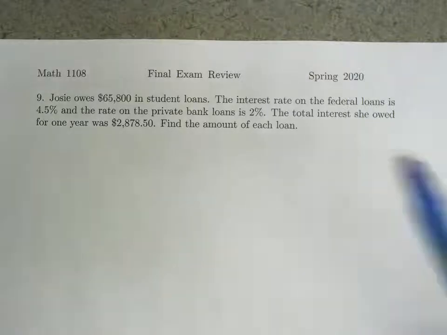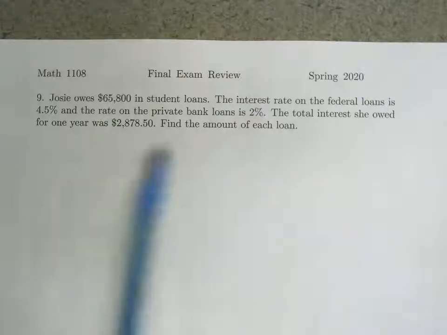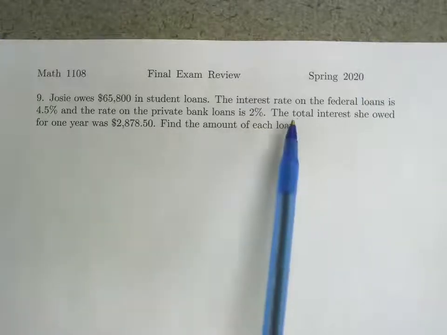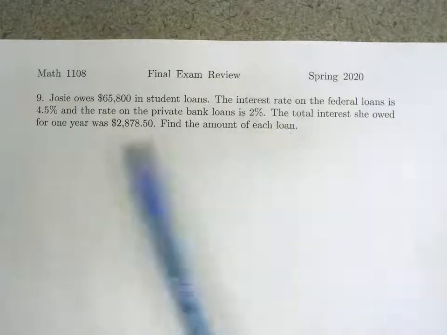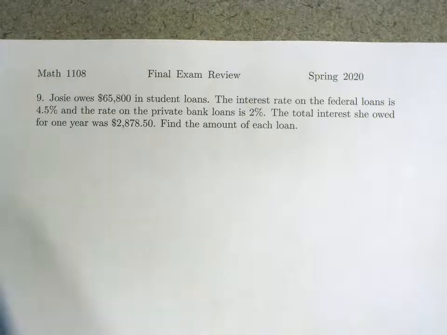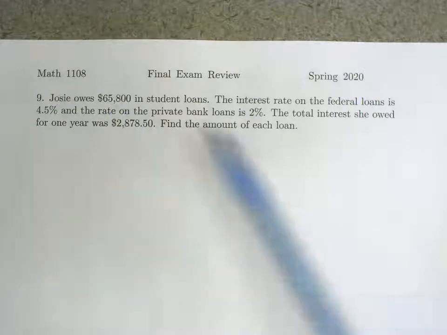Okay, so we'll fill in a few details that are a little bit sparse. Josie took out 2 different loans, and the total for the 2 loans is $65,800.